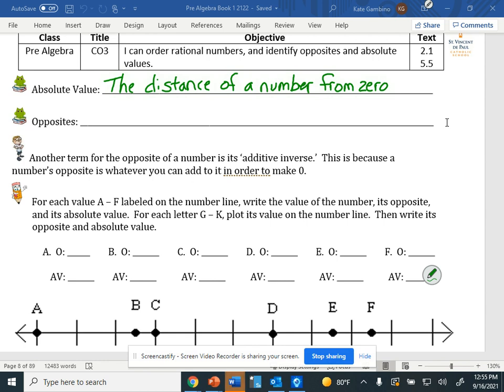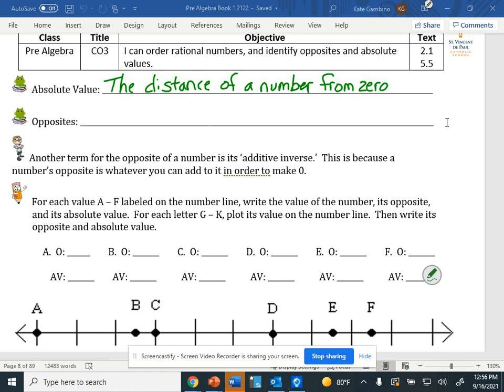If we are at 3 away from zero, the absolute value is 3. If we are at -3, it's still 3 away from zero. So we don't care about the positives and negatives when we talk absolute value. You take that off and it's just the integer, how far away from zero it was.